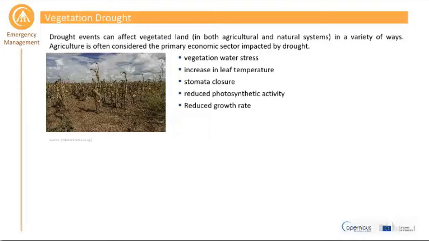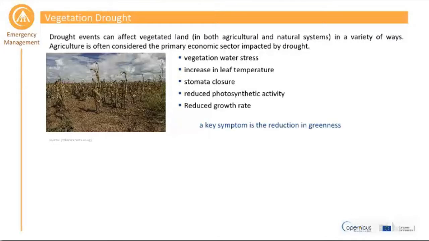In general, agriculture, or plants and vegetation in general, can respond to a drought event with different signs, like showing vegetation water stress, an increase in the temperature of the leaf or canopy foliage, stomatal closure, which reduces CO2 uptake, reduced photosynthetic activity, and reduced growth rate.